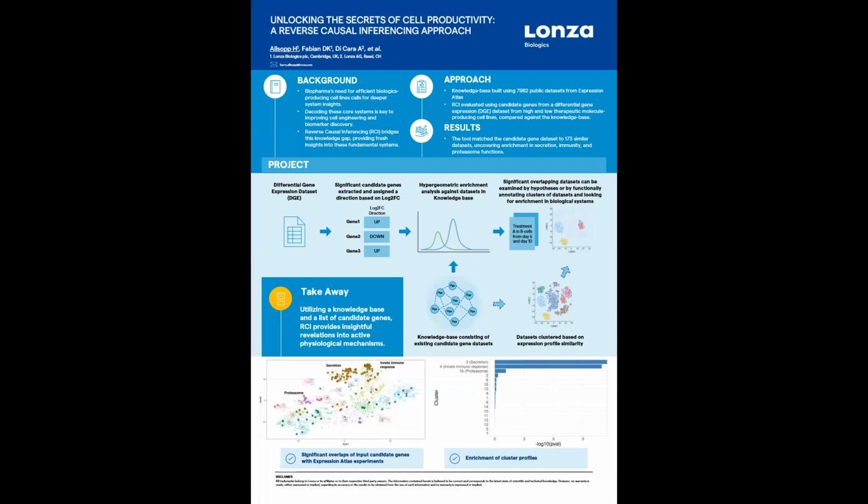And the second way is that we can cluster together experiments in the knowledge base using TSNE and then perform gene set enrichment and gene ontology analysis on an entire cluster of experiments to see whether there's enrichment for functional gene circuits and physiological systems.